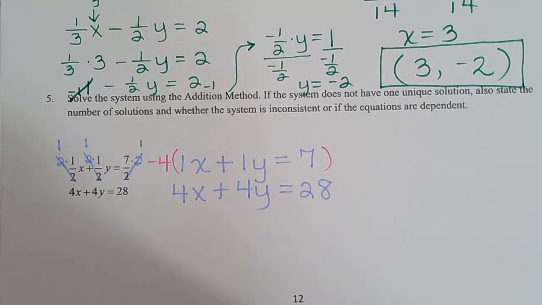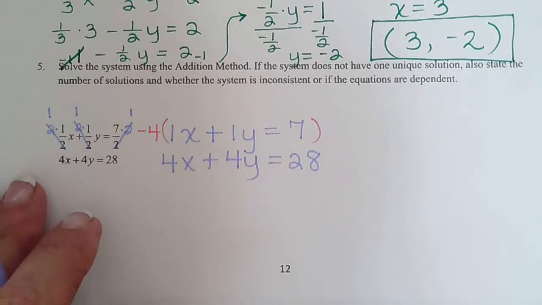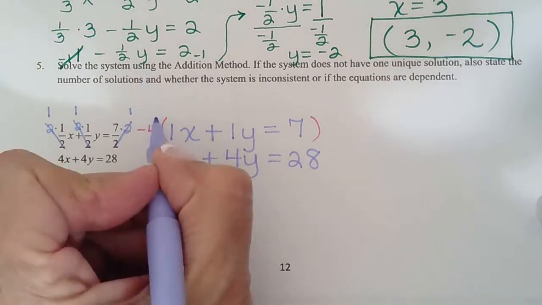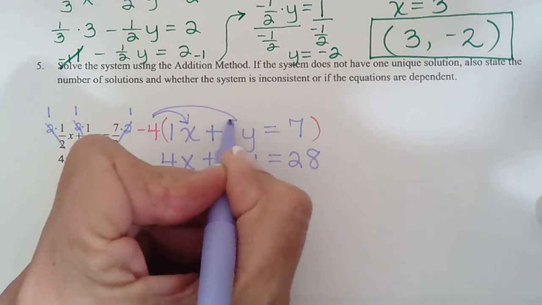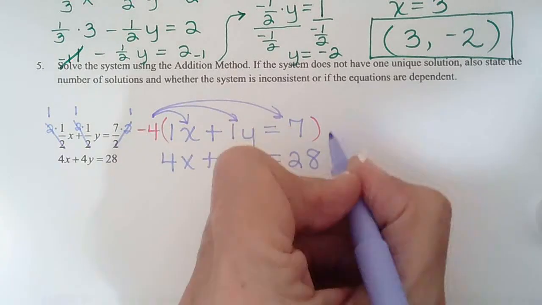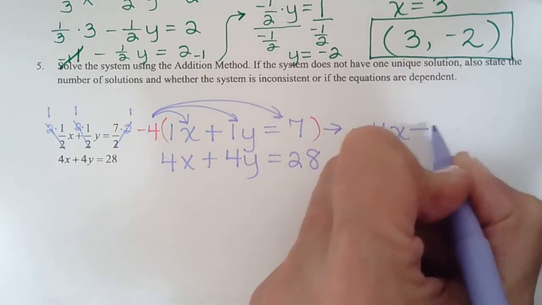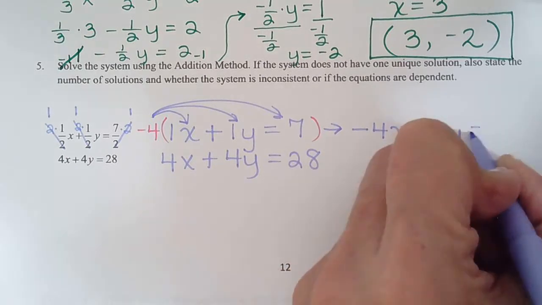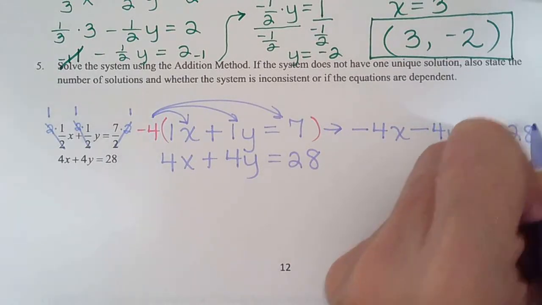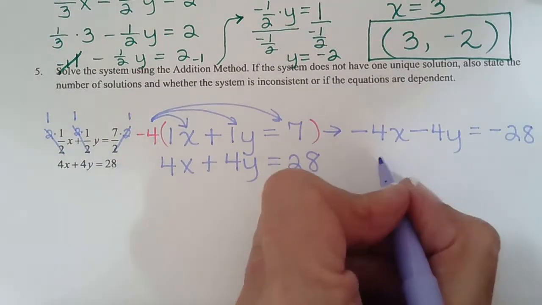So the bottom equation stays the same. And the top one is going to get everything multiplied by negative 4. So it's going to turn into negative 4x minus 4y equals negative 28. And the bottom equation stays the same.